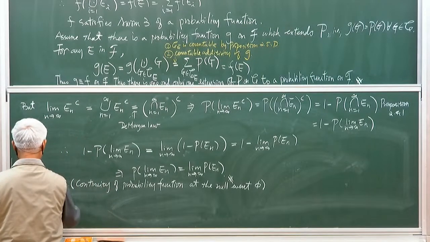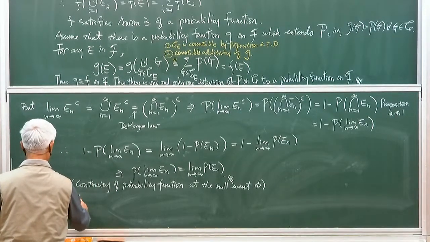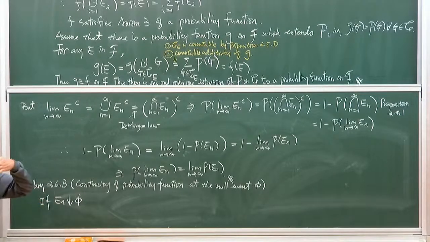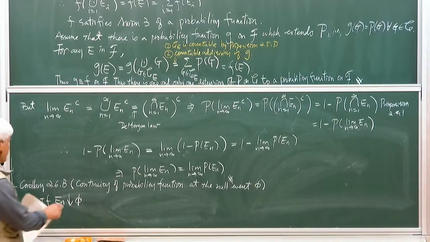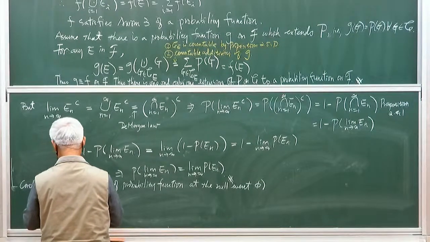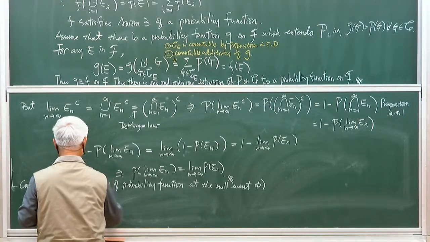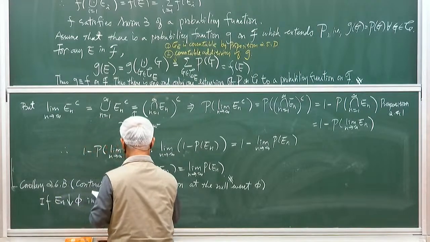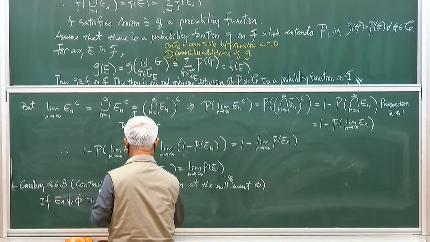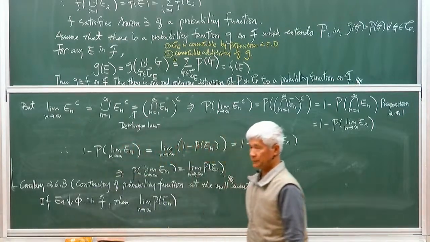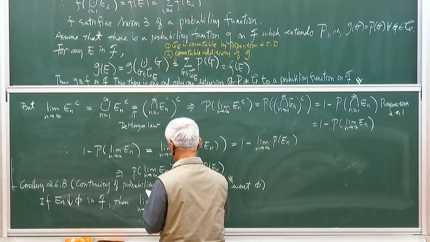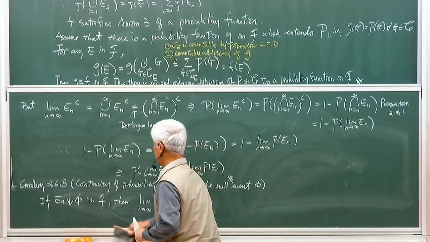So if En is a decreasing sequence of events such that its limit is the empty set, which means that the intersection of this En is the empty set, then the limit of P of En is equal to 0.